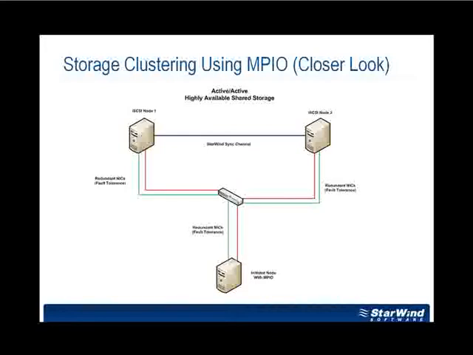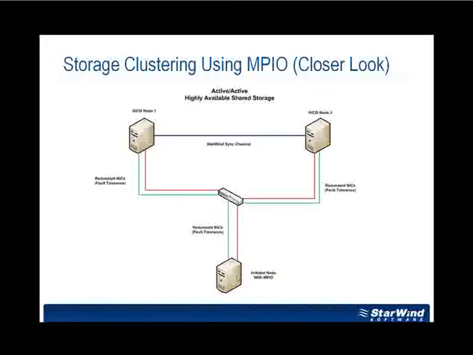So I'm creating a storage device of, let's say, half a terabyte, maybe 500 gig here and 500 gig here on each of these nodes. It's presented via the MPIO driver as a single unified storage device.